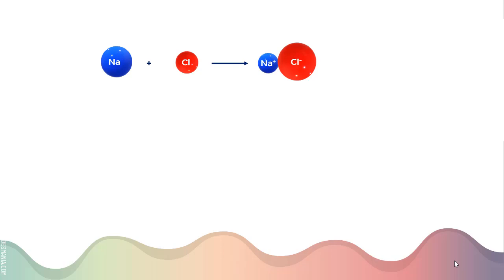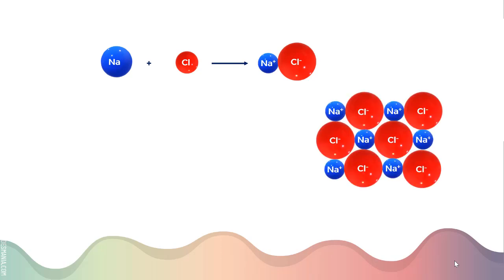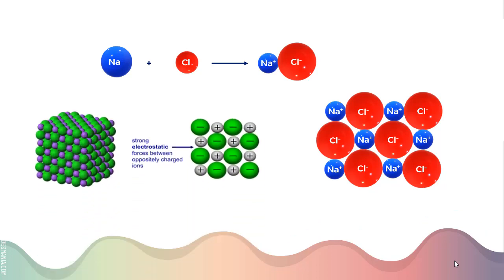Compounds composed of ions are called ionic compounds, and their constituent ions are held together by strong ionic bonds, which are formed from the electrostatic forces of attraction between oppositely charged cations and anions.